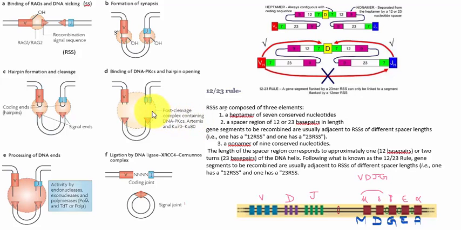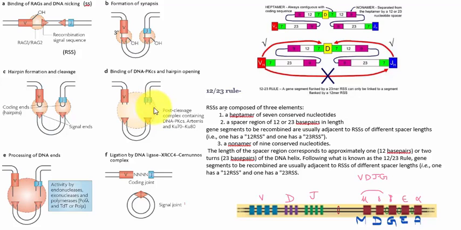Correct. So this is the RAG protein. Some additional proteins are joined. These RSS ends are joined, forming what is called the signal joint. So here the DNA ends join to create a closed circular DNA that plays no further role in the recombination process. The DNA hairpins at the ends of the gene segments are cleaved.